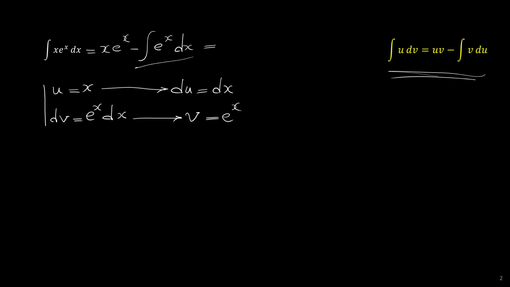We know that integral of e to the x dx is e to the x, so we can write our answer as x e to the x minus e to the x plus c. So the integral of x times e to the x dx is x e to the x minus e to the x plus c.